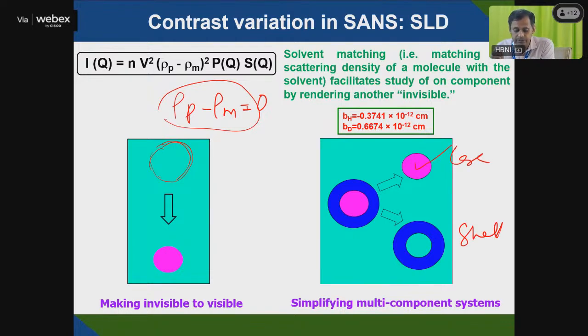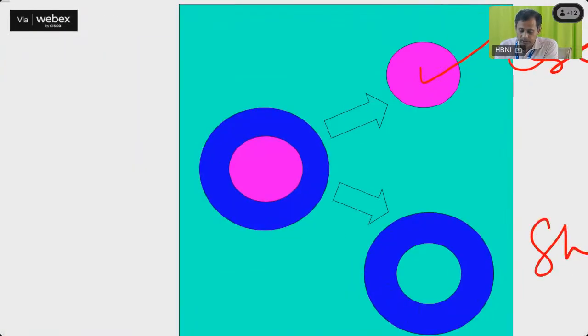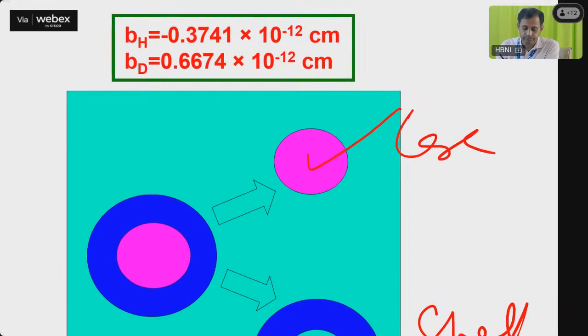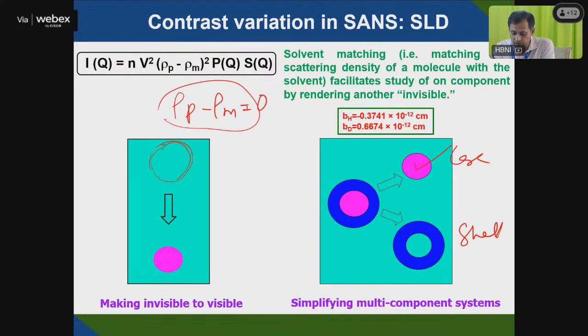So that is called solvent matching. If you take a particular solvent, you are matching the scattering density of the molecule with the solvent, facilitating the study of one component by rendering another invisible. For example, you have a core cell structure, with core and cell here.